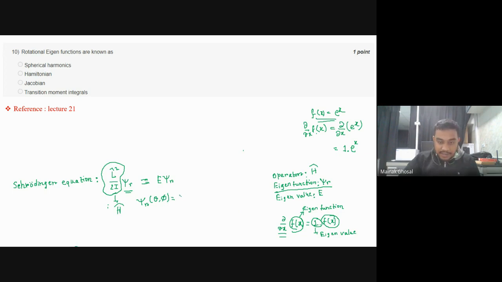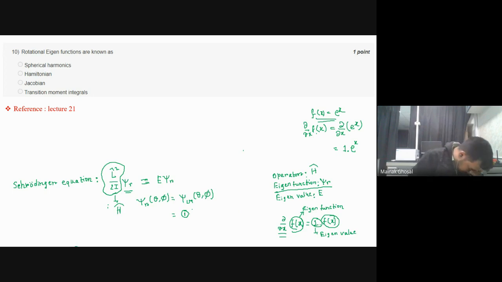Also I can write it as psi lm of theta and phi. Now I write this as a capital theta, remember it.